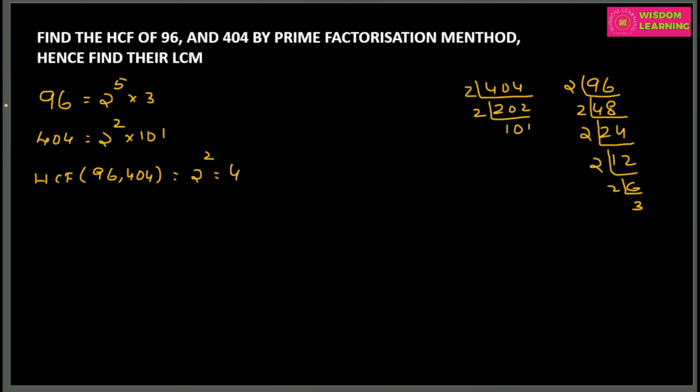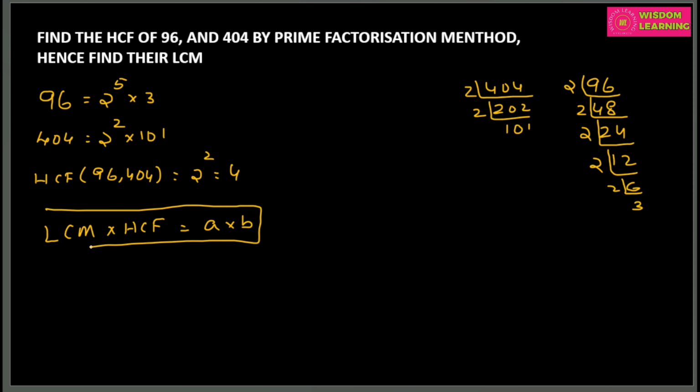The one relation between LCM and HCF is that the product of LCM and HCF is equal to the product of the numbers. Suppose A and B are the numbers, then the product of LCM and HCF is equal to A into B. This is possible only for two numbers, not for three numbers. Then we can write LCM into HCF.